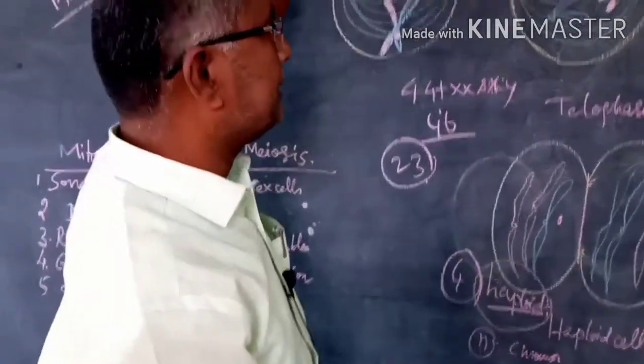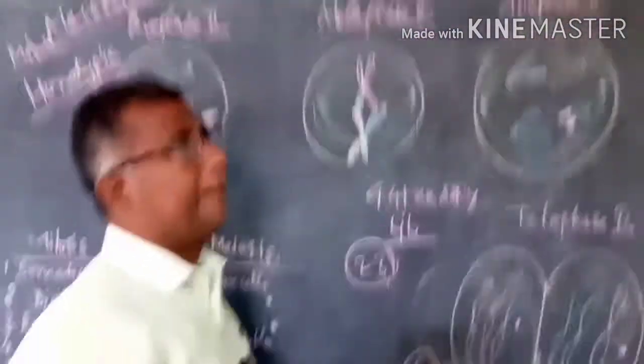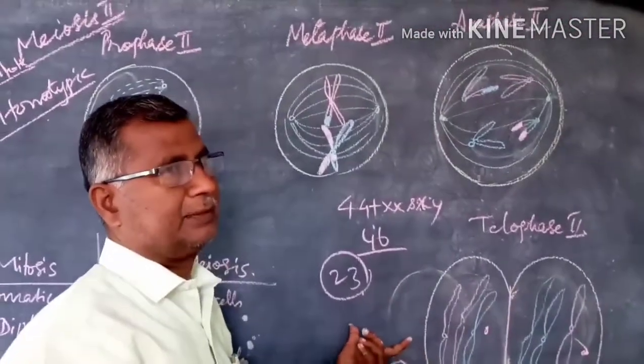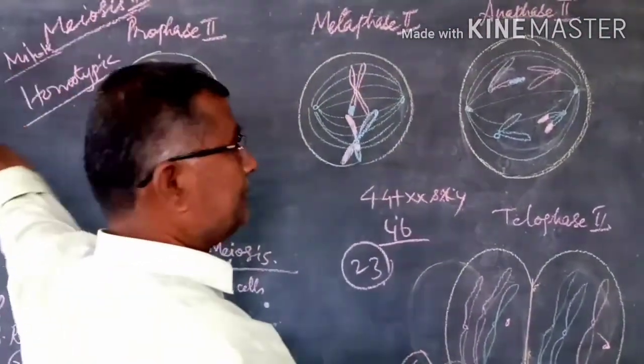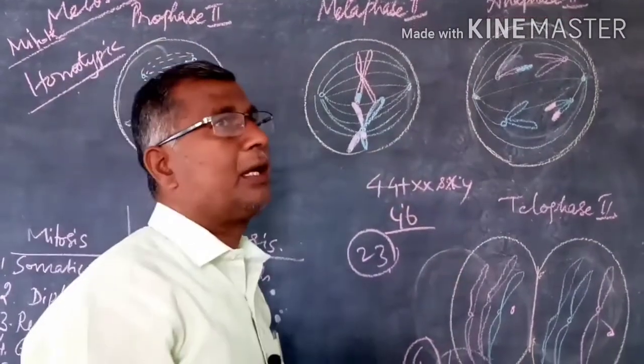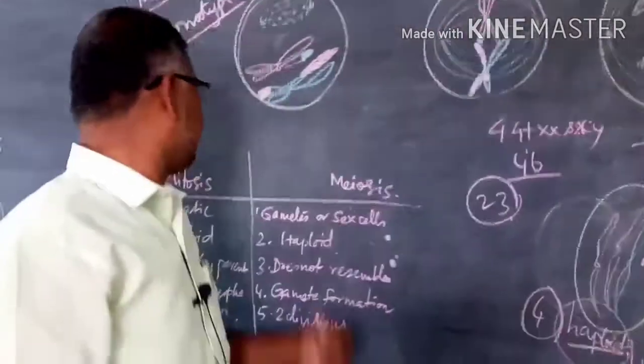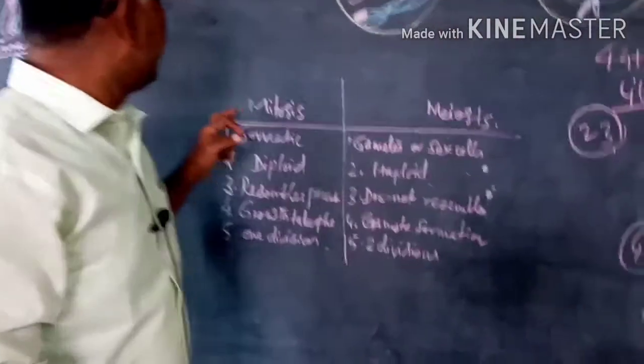What is the significance of meiosis? To maintain the chromosome number, and also variations take place. Variation takes place because meiosis 1 is the heterotypic division. Understand?